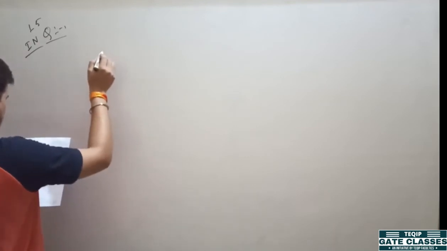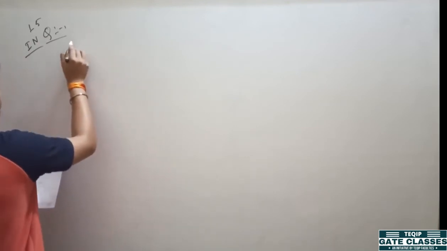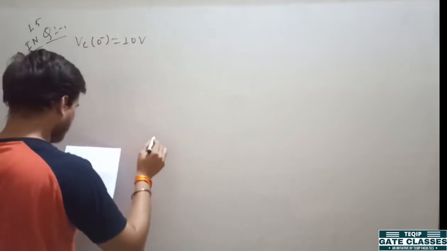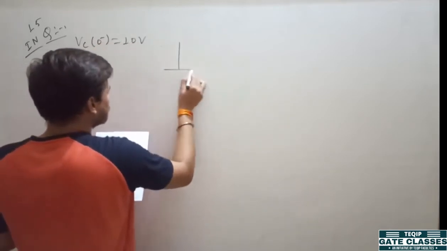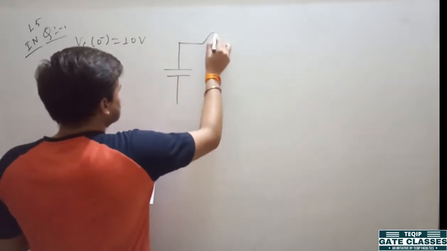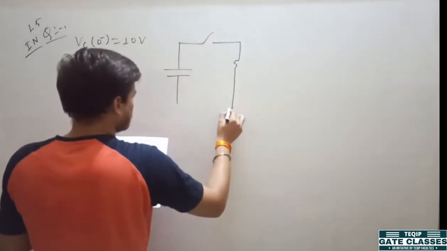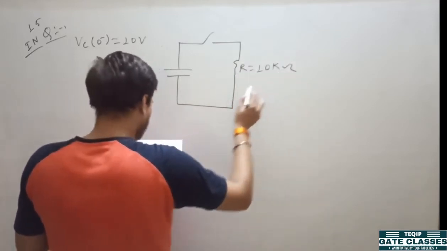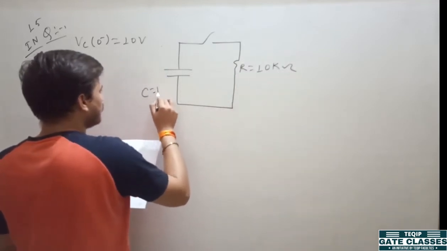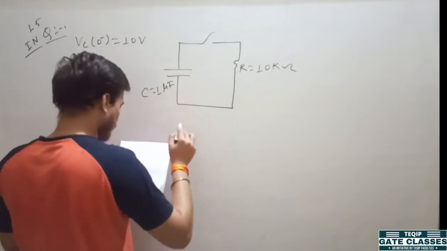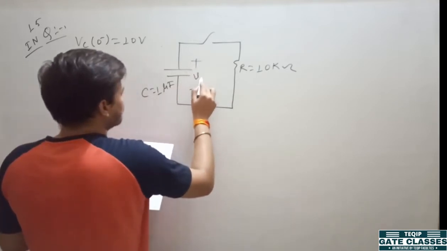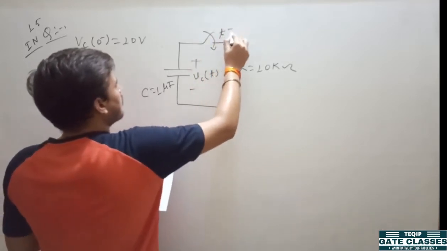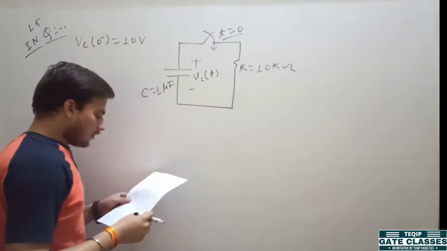They have given VC 0 minus equal to 10 volt, R equal to 10 kilo ohm, C equal to 1 microfarad, and the capacitor voltage VCT. At t equal to 0, the switch is closed.